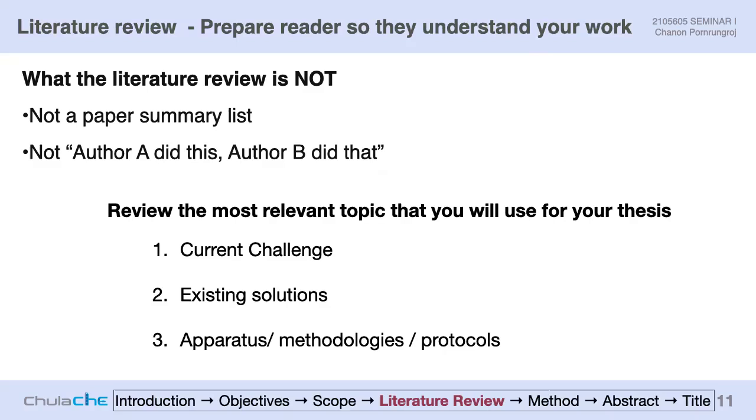But again, discuss with your supervisors what you're going to write first. Otherwise, it will become a review paper, which is not a bad thing, but it will take up a lot of your time. And I think for the master's degree, the most important thing is to do your research.